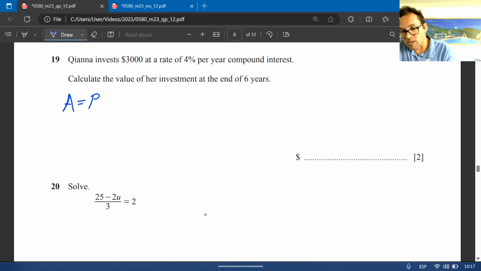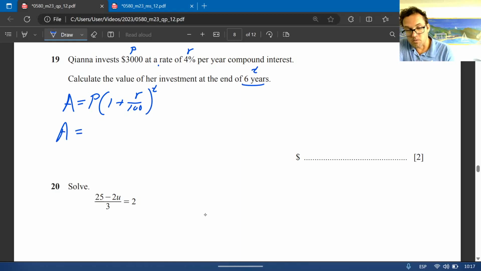equals P, which is the principal, the original amount that you put in, times 1 plus R, which is the rate, over 100, to the power of T, which is the time. So to get the amount, which is the value of our investment, we do 3000 times 1 plus the rate, 4 over 100, to the power of 6.